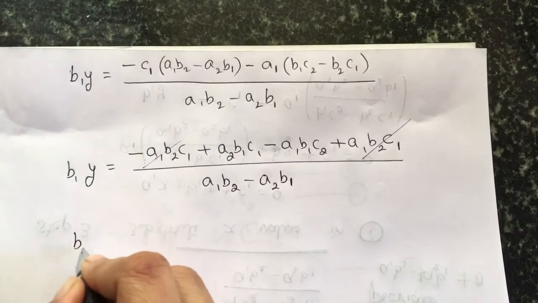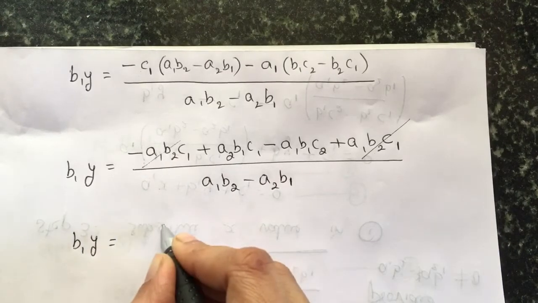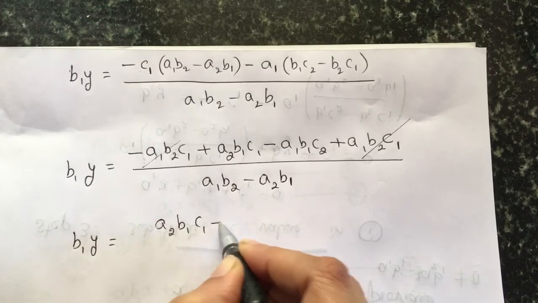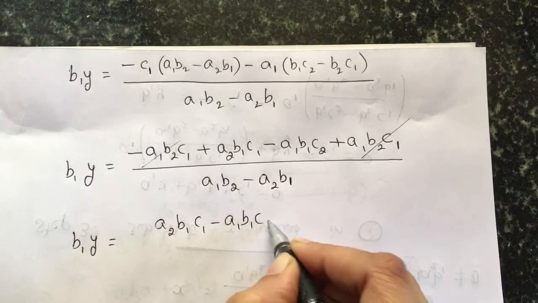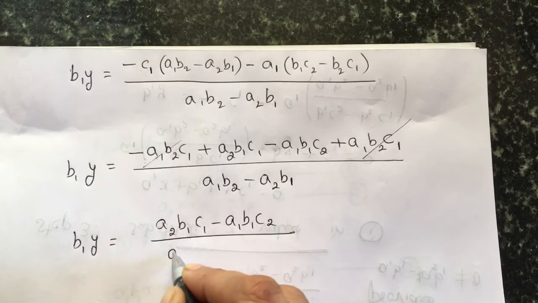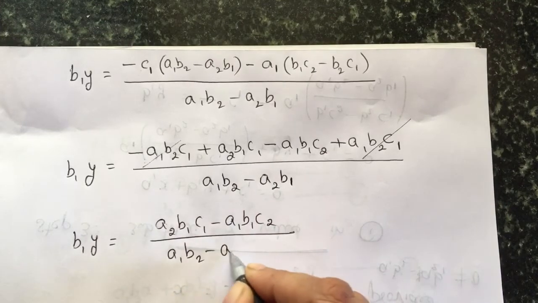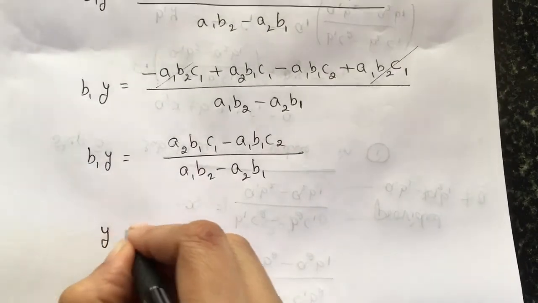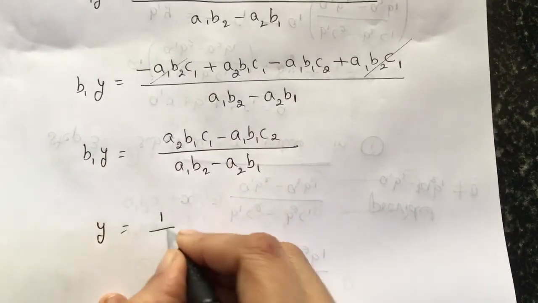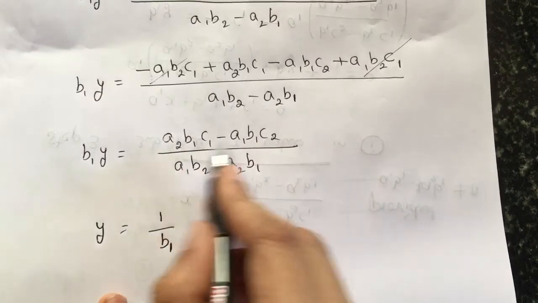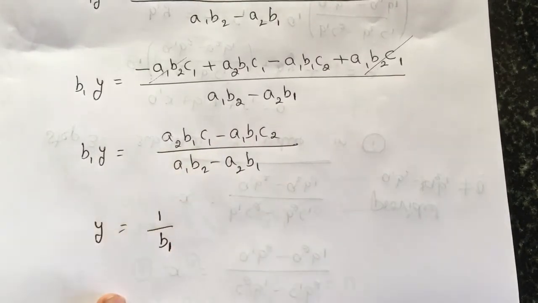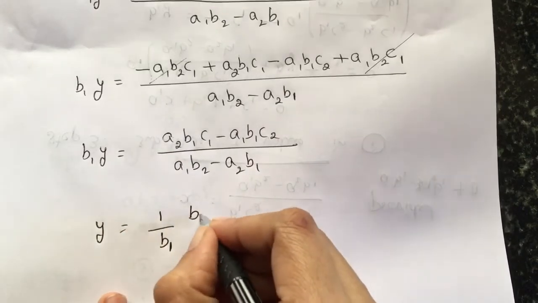So I'm left with b1y equal to a2 b1 c1 minus a1 b1 c2 divided by a1 b2 minus a2 b1. Now y equal to, I'll take this b1 down over here, and in this numerator you can see that b1 is common, so I'll take it out.